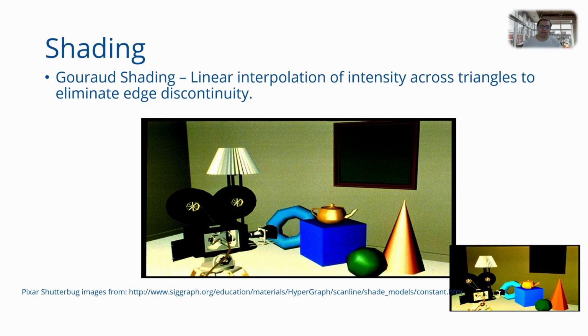Well, you take all the polygons that share a vertex and average out their normals at the shared vertex. That gives you what is called a vertex normal. Use that vertex normal to compute the Phong illumination model. The intensity that comes from that computation is assigned to that vertex as a color.